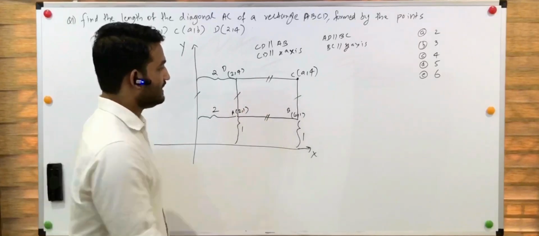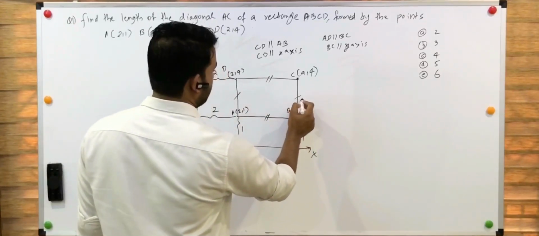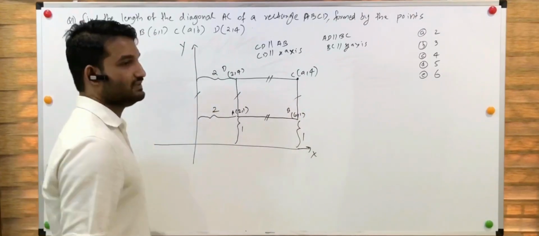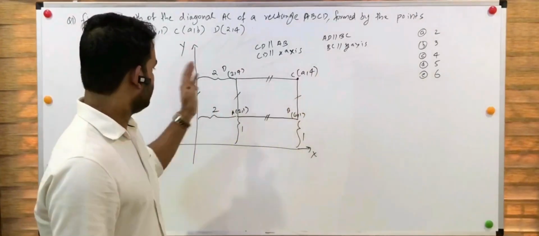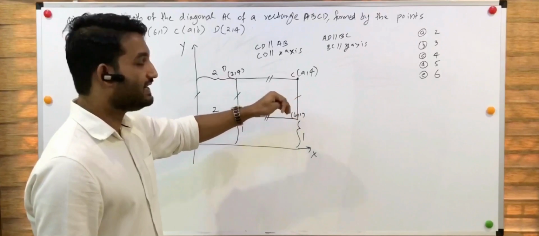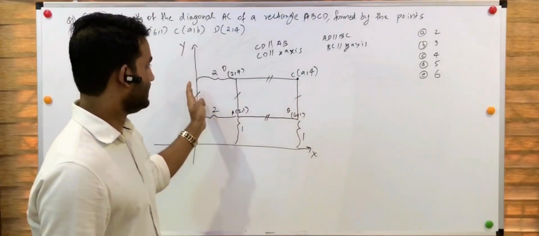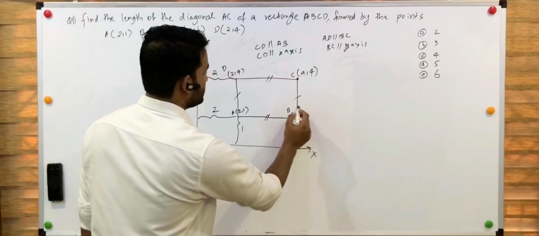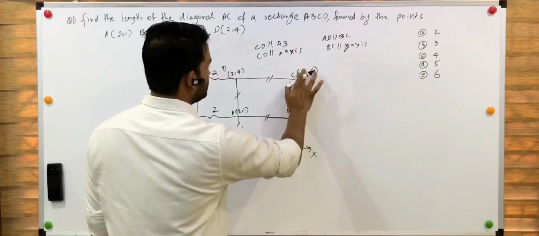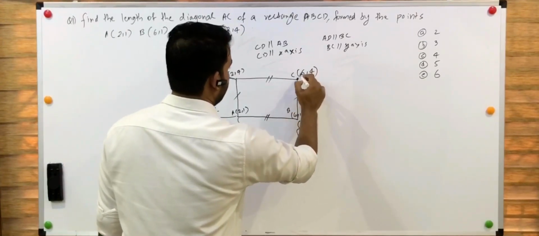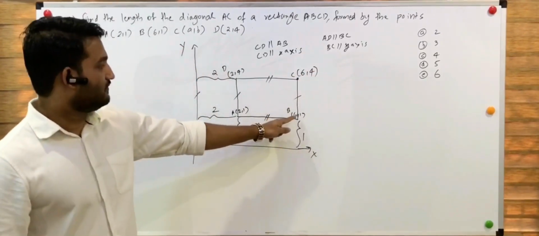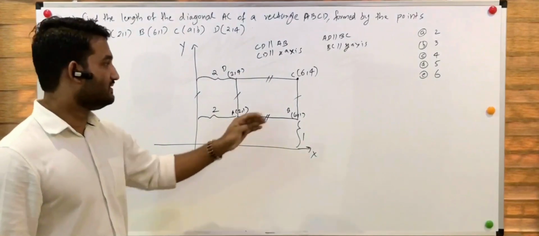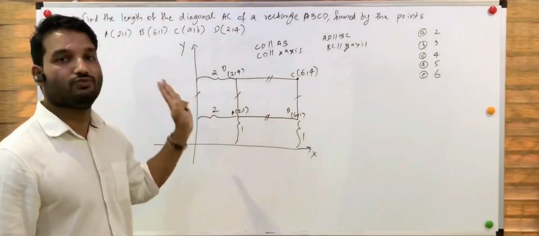Then similarly, take the line segment BC, which is parallel to the y-axis. So in order to maintain the condition of parallelism, the x coordinate of B must be equal to the x coordinate of C. Otherwise, the line will not be parallel to the y-axis.